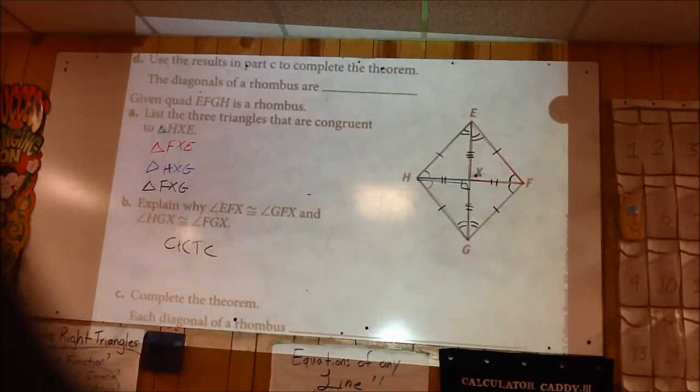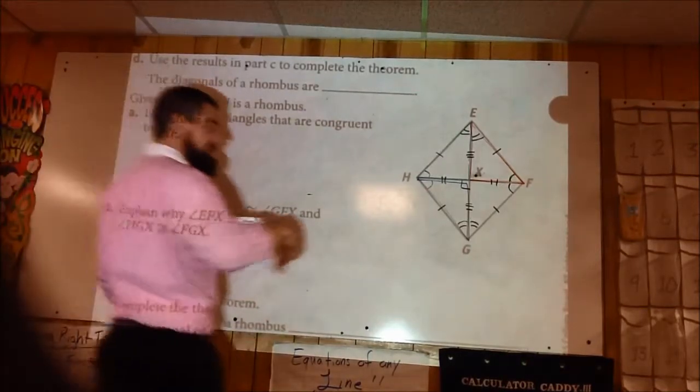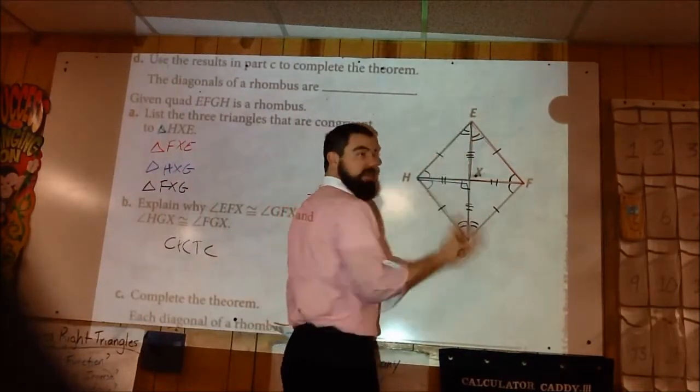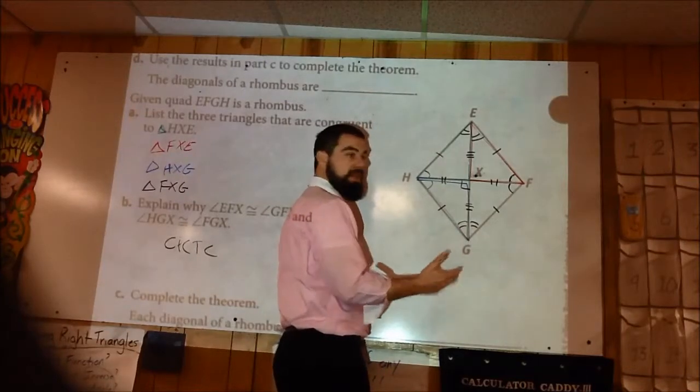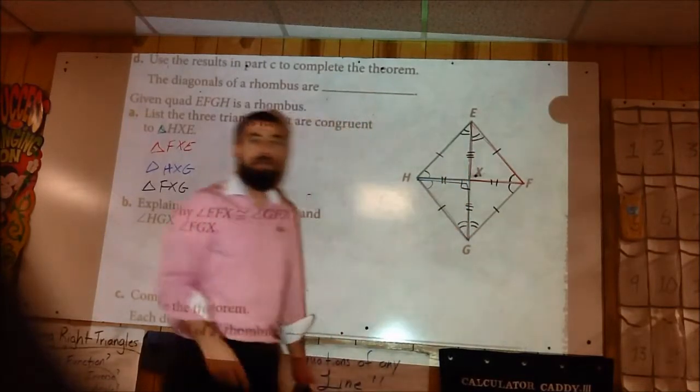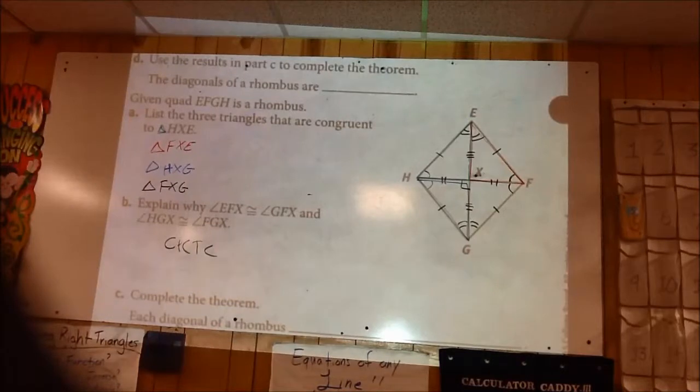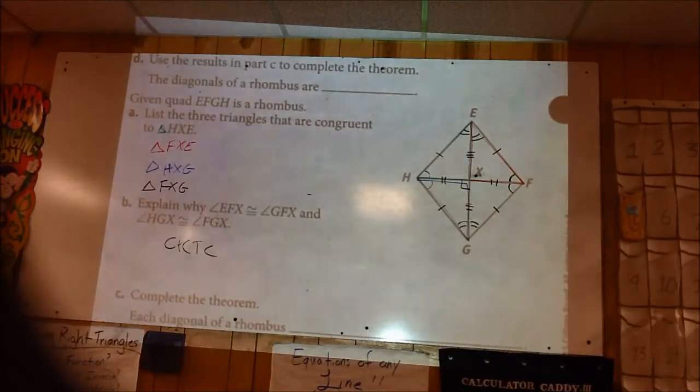Because this is a parallelogram, I know that to begin with, my opposite angles are congruent. So when you bisect them, their halves are also going to be congruent. A formal proof for the theorem in item 11 is left as an exercise. So that's one of your homework problems for this evening.